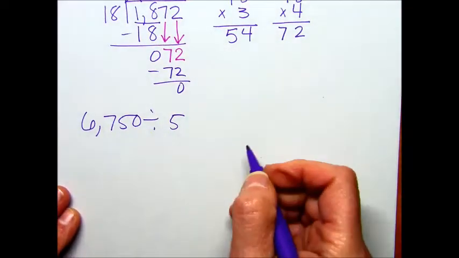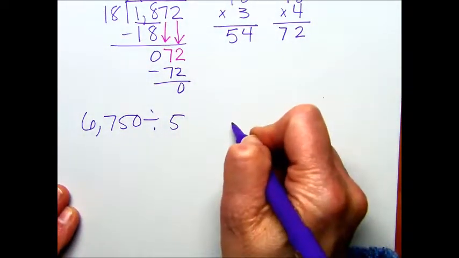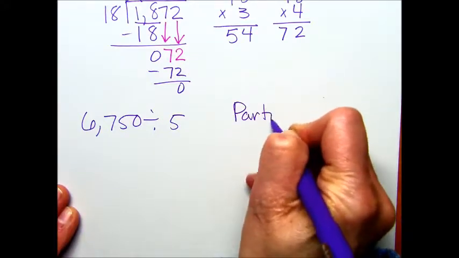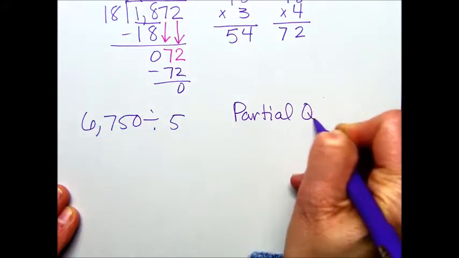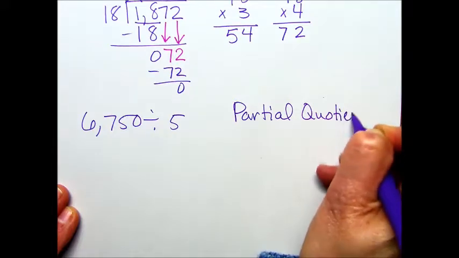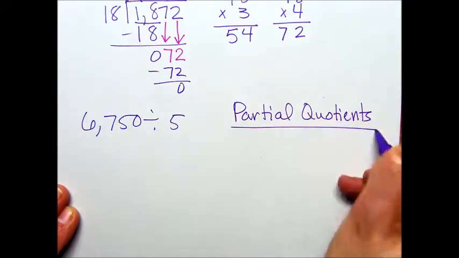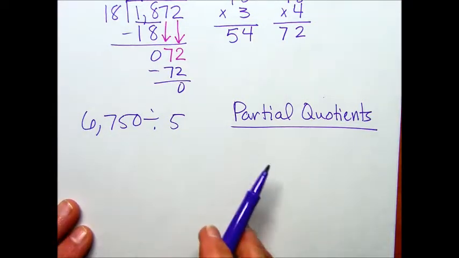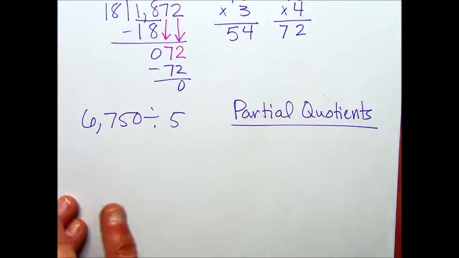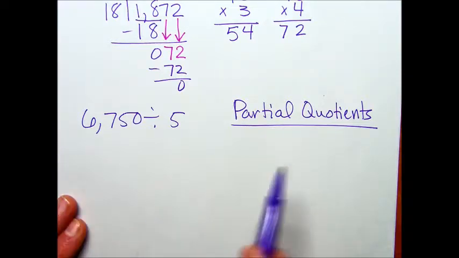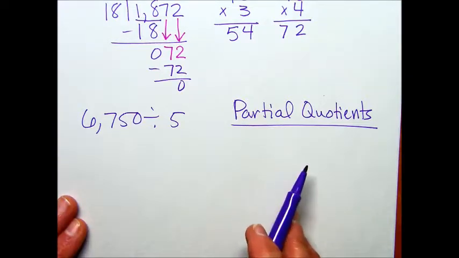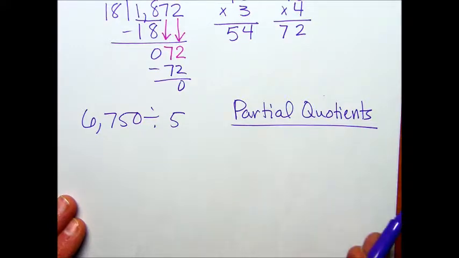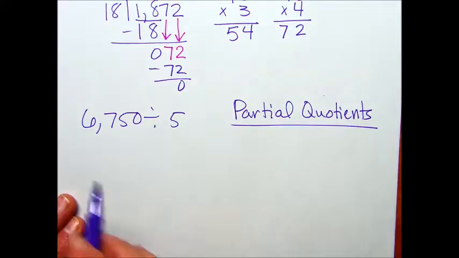Now this method is called the partial quotients method. And again, if you have a child in 5th or 6th grade, they might be learning it this way as well as the standard algorithm. But if you find this way easier, there's no reason why you can't use it, because it works.